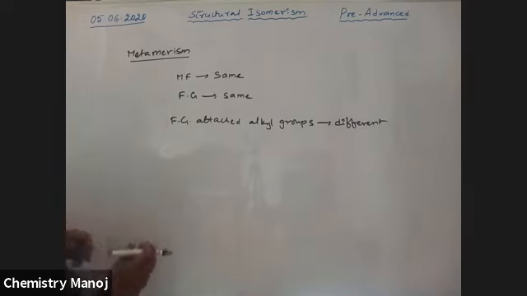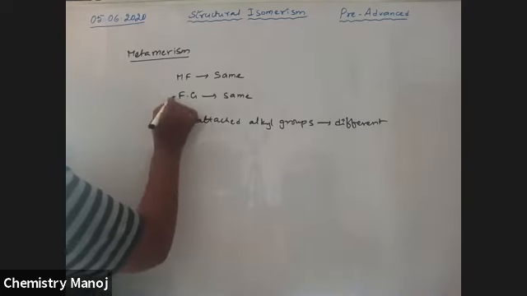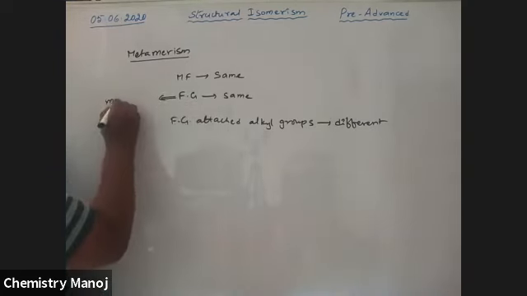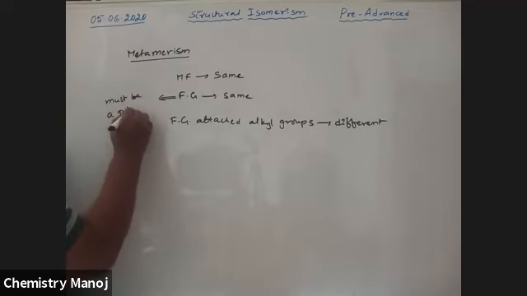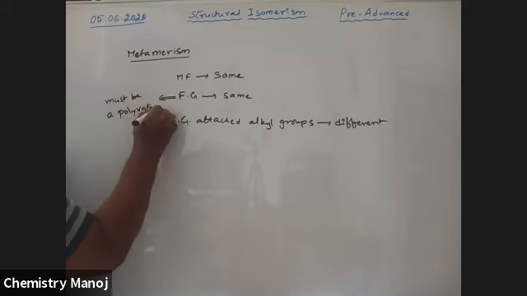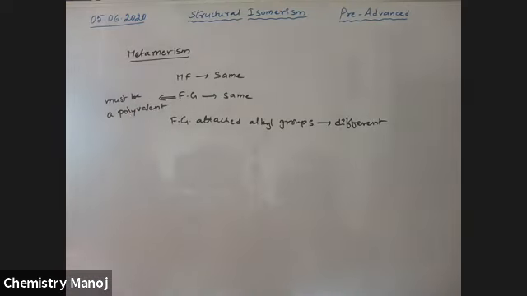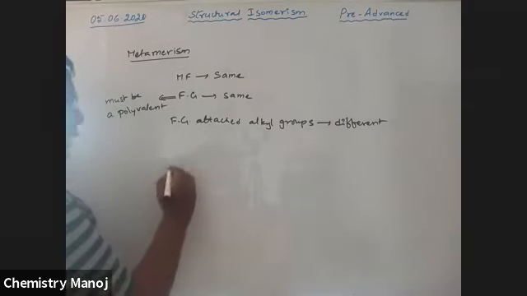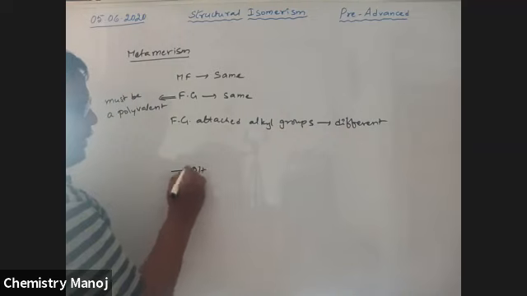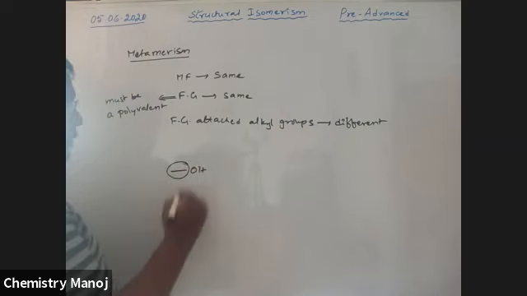So here, the functional group must be polyvalent, which means more than one free bond exists. For example, alcohol has only one OH, it is monovalent, so metamerism is not possible.